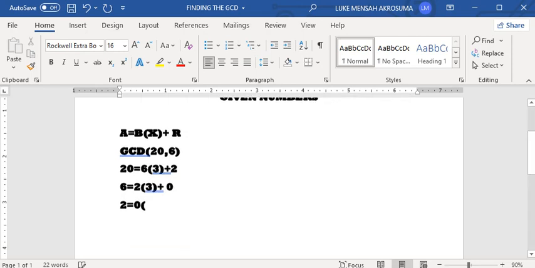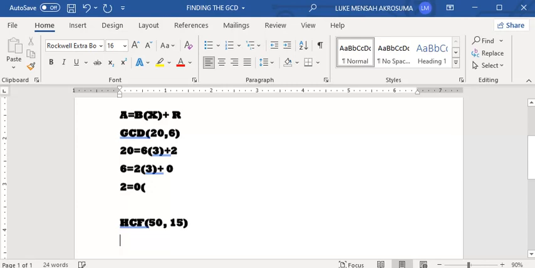In another example, the HCF of 50 and 15 can be obtained as follows. 50 is equated to 15, and we ask ourselves how many times 15 will enter 50 perfectly.